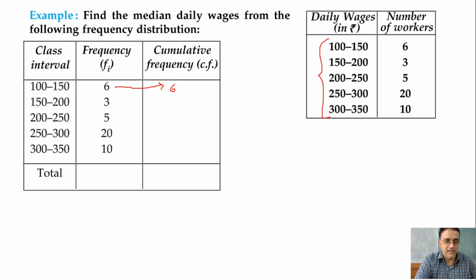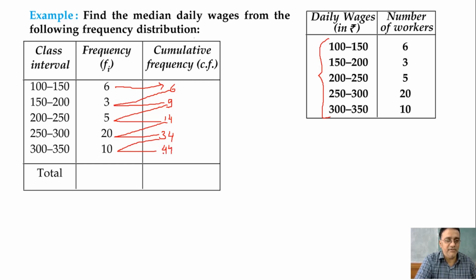उसके बाद we have to add this frequency to the next frequency. कितना आएगा? 9. So you have to write 9 here. Again 9 you have to add with 5, 14. Okay, 14 again you have to add with 20, 34. Right. 34 again you have to add with 10, 44.